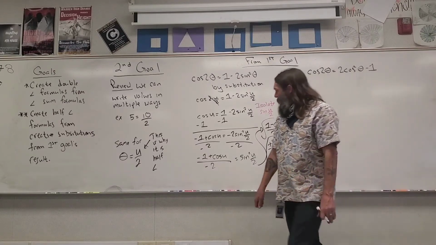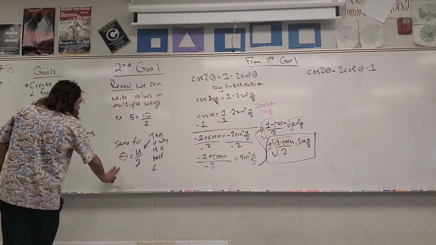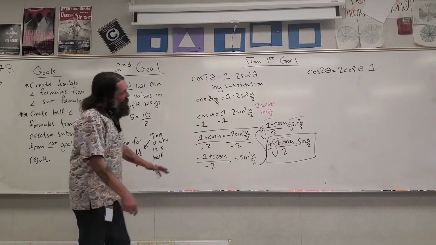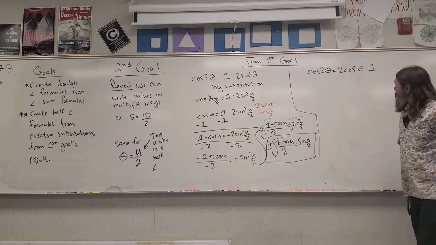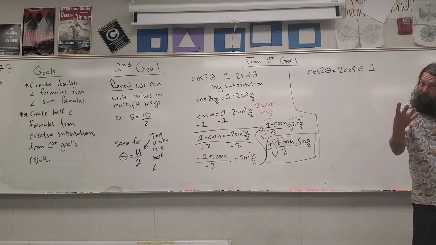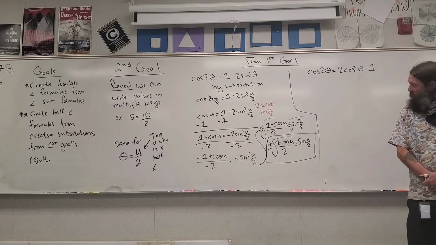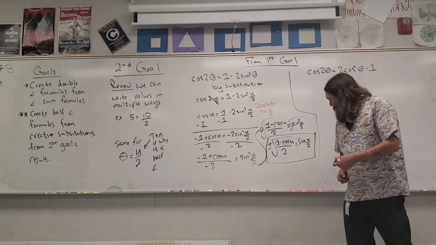And again, we had to use a creative little substitution. So let me put a line down here so we can separate both problems. And maybe take a second, hit pause, and try and do this one here on your own and see if we get the same results. Okay?